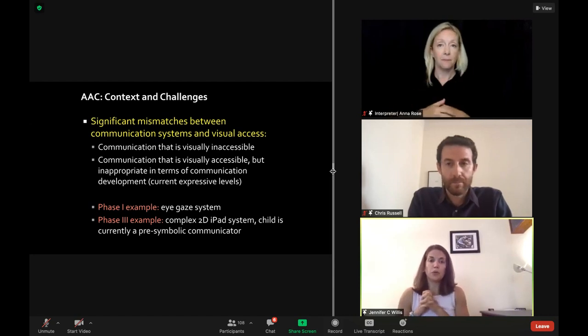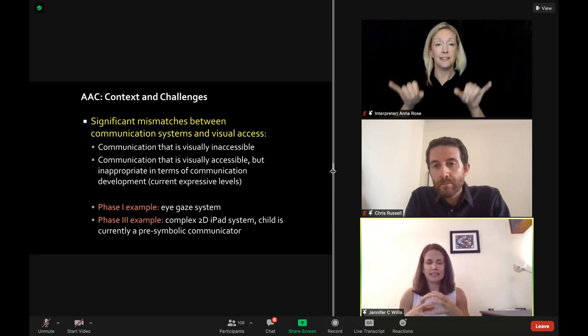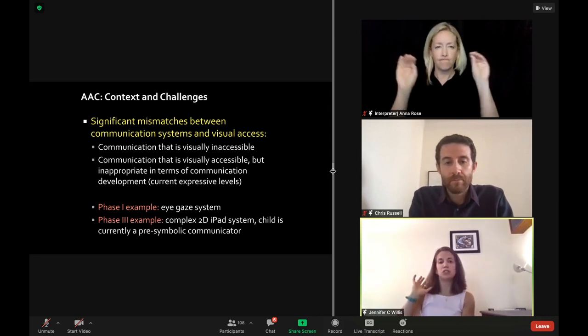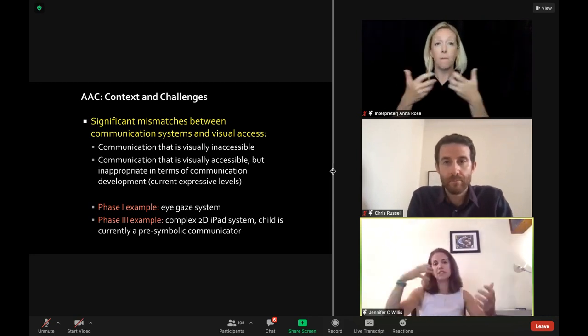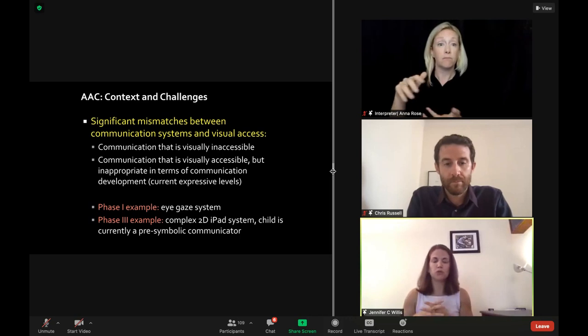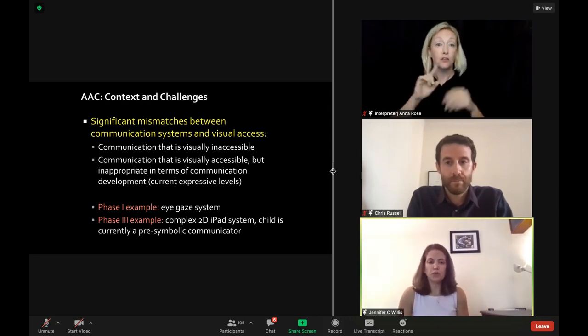And so our goal was to create a matrix that the team could utilize to come together as a team: the vision professionals, the speech and language professionals, the teacher of the deaf, the TBI, to develop a system that's going to meet all of these areas of need for a student.